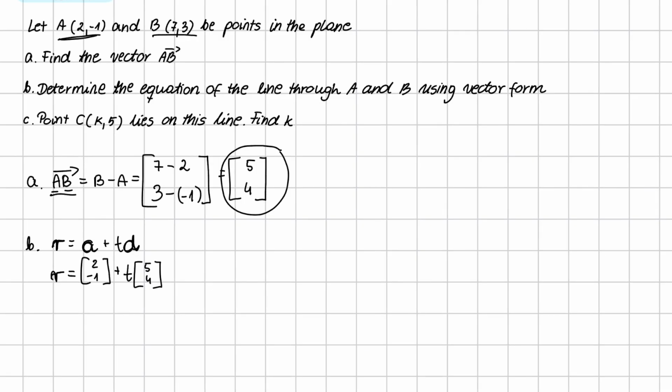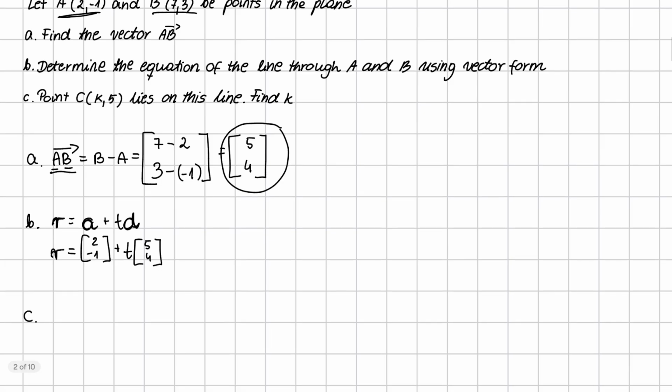C. Point C (k, 5) lies on this line, find k. Because our point C lies on this line that we already found, we can substitute this point as our vector. So (k, 5) equals (2, -1) plus t times (5, 4).